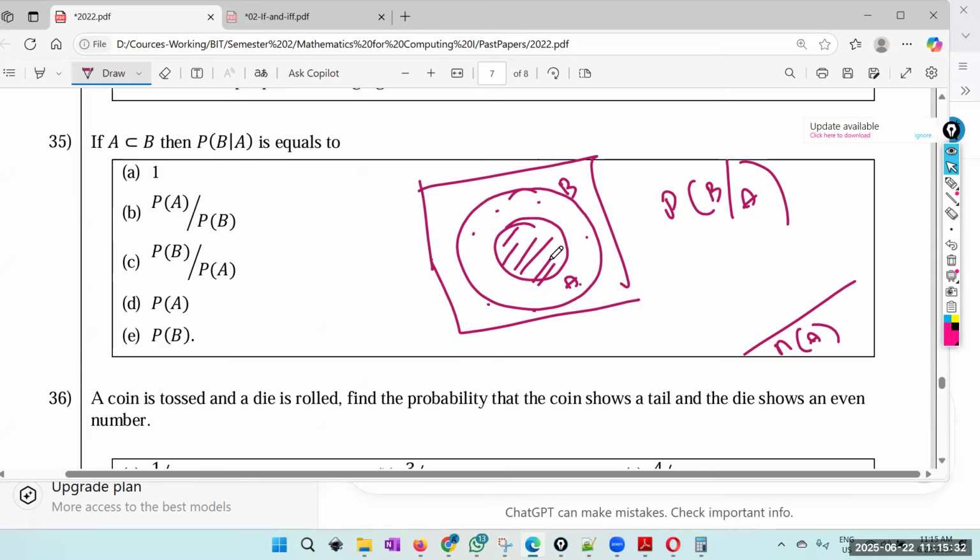Again, the number of elements in A, because all the elements in A are in B. So therefore, it's again A, because A is a subset. So when A has happened, the probability of B happening is then 1, right? Because whenever something in A happens, B has also happened.